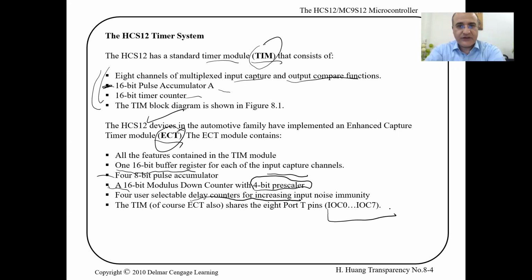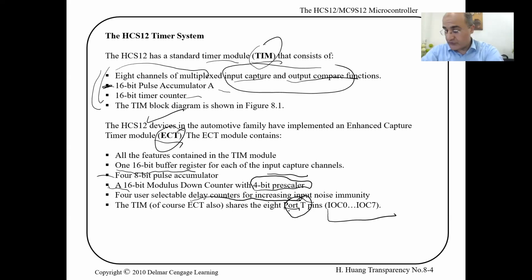The 8 multiplexed channels that you can use for input capture and output compare functionality are shared with 8-bit port T. So you can use them as a parallel port T, or use them as input capture pins or output compare pins. What are input capture pins? What are output compare pins? We're going to learn about them.